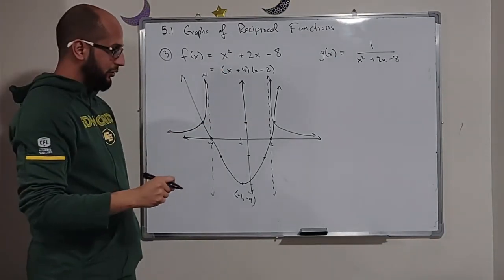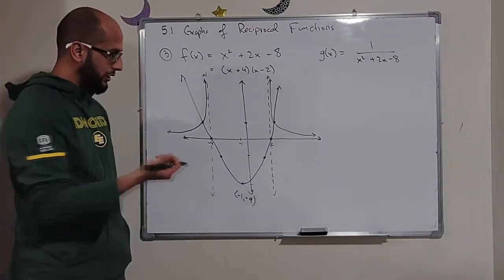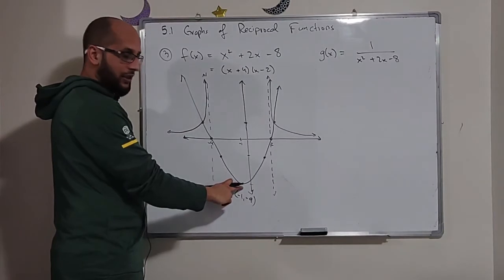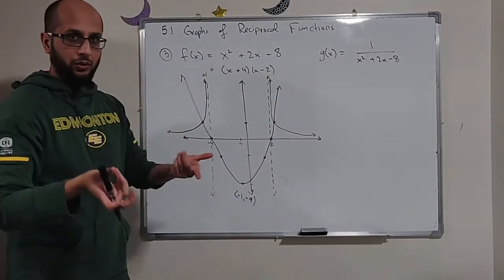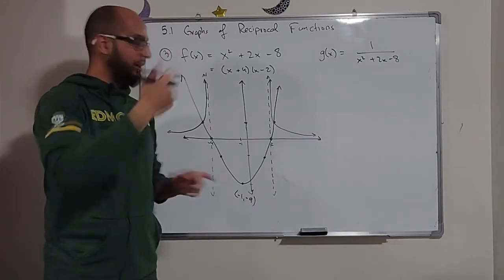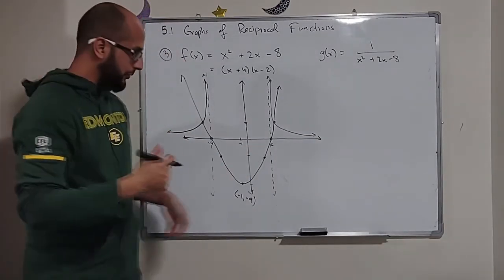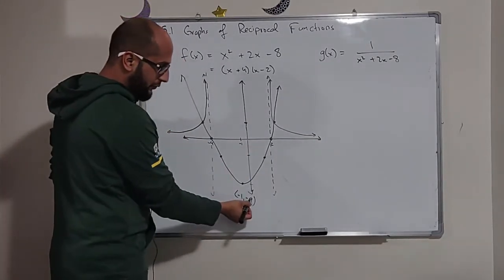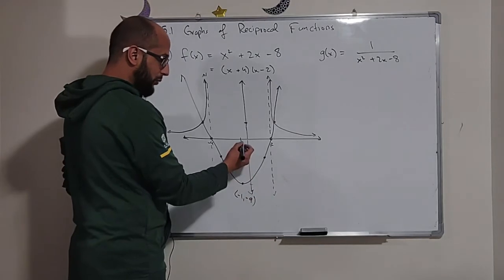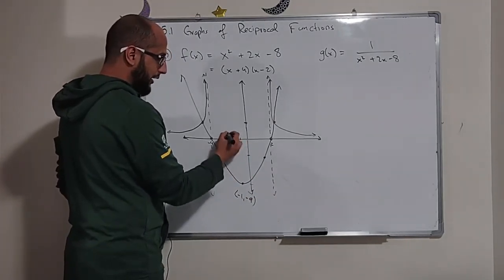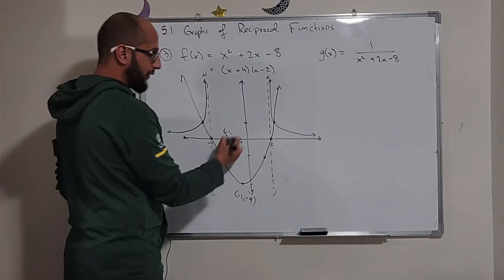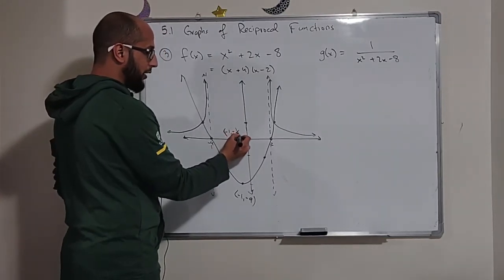On the inside now, there's a slightly easier way to do this, is to understand that the vertex is the lowest point of our parabola. So if I did the reciprocal, it would be the highest point of the reciprocal function. So if it's at -1, -9, the reciprocal would be, I'm going to erase this for a second, it would be here, and that would be at -1, because the x values don't change, and -1 over 9.